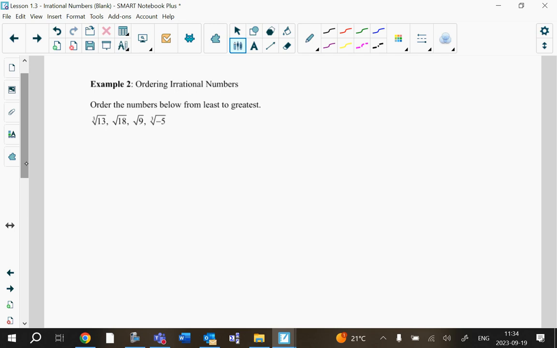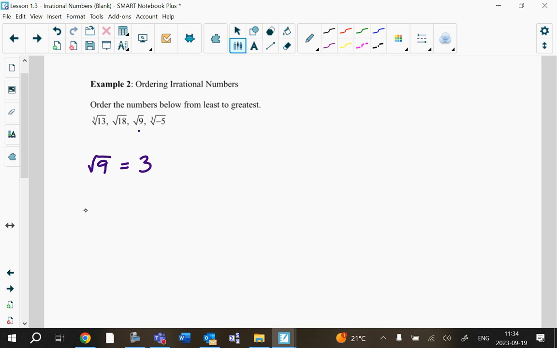And we're going to try this without a calculator, okay? Which means we're going to approximate each one. Is there one of these 4 that you actually can evaluate right now? Square root of 9. Square root of 9 is 3. What's the square root of 18?